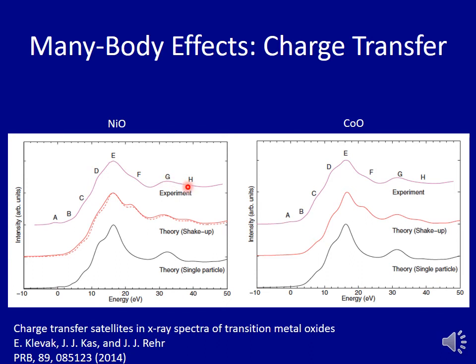And what's happening is that you're really getting just a reproduction of the single particle spectrum shifted by an energy that's equal to the charge transfer excitation energy. And this is just because when you create that charge transfer excitation energy, you still have to have conservation of energy, and so the photoelectron energy has to be lowered by that same amount.